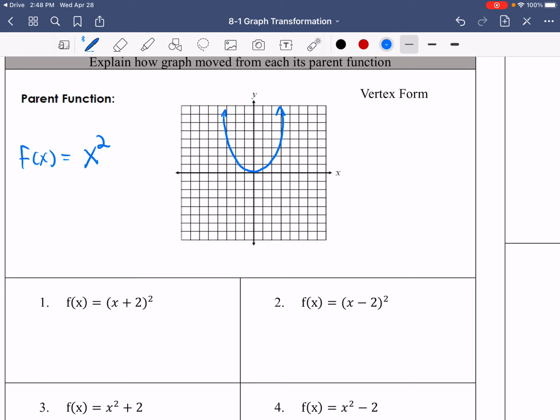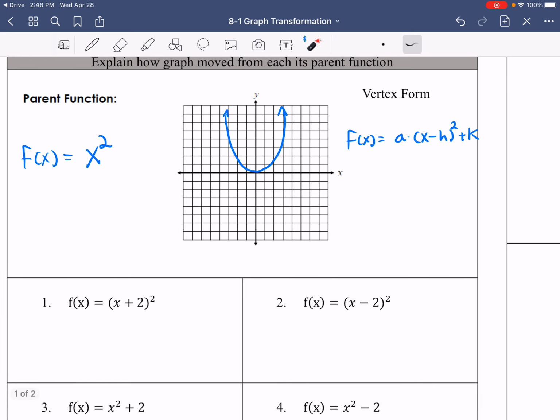But we have something we call vertex form. It's a times (x minus h) squared plus k. We call it vertex form because these two numbers tell you your vertex.